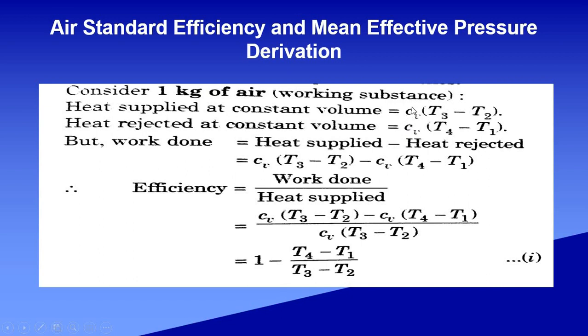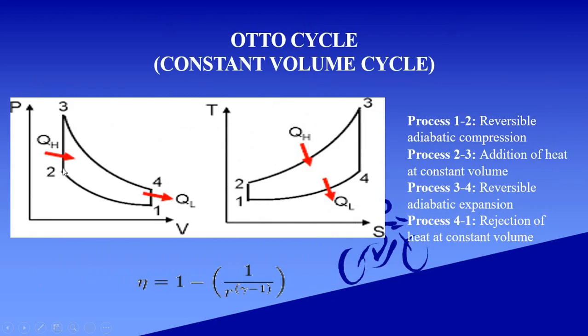Since the heat energy is supplied at constant volume, we take this specific heat symbol as Cv, and heat is added during the process 2 to 3. So T3 will be higher and T2 will be lower.